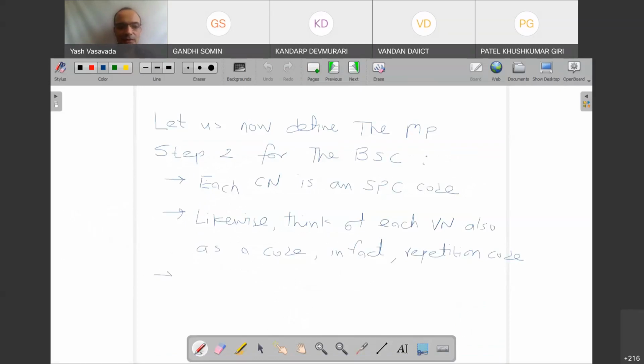Therefore, the message sent by VNi to CNj is equal to majority vote decoding.